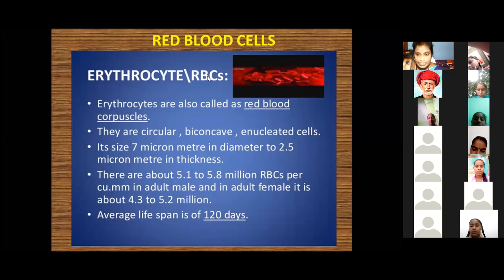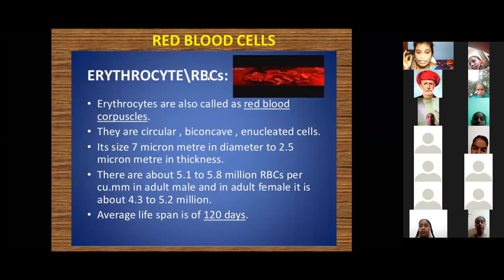Red blood cells are 7 micrometer in size and 2.5 micrometer in thickness. Can you understand, ma'am?